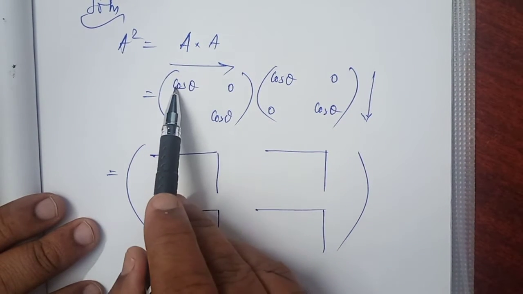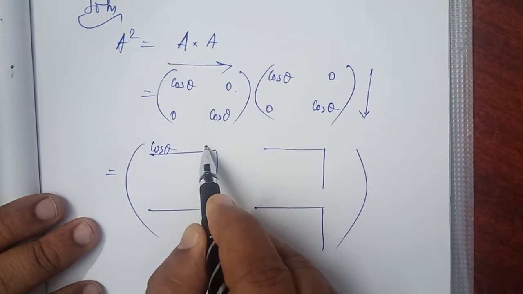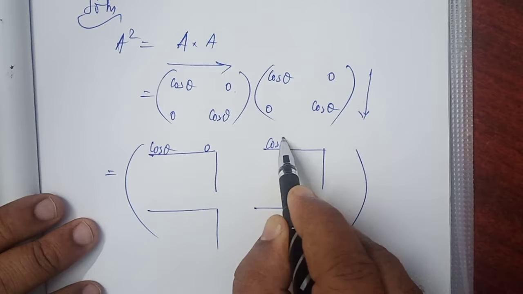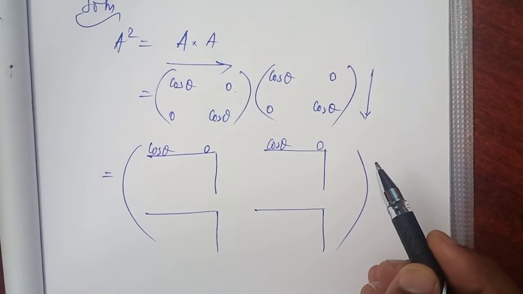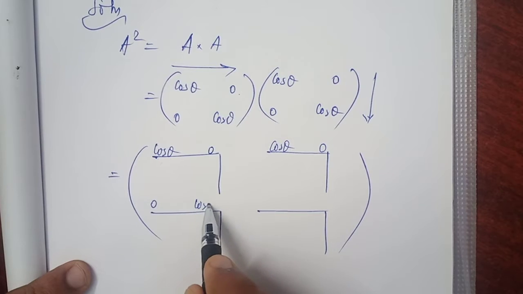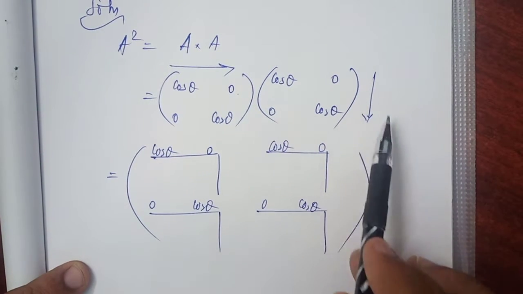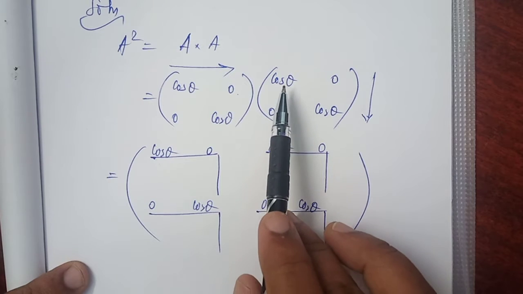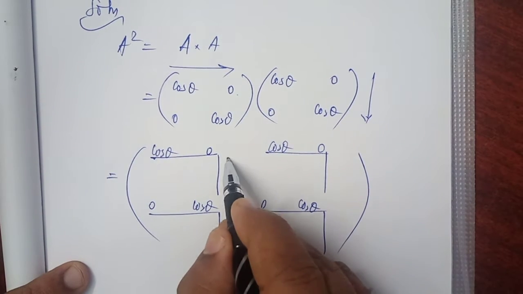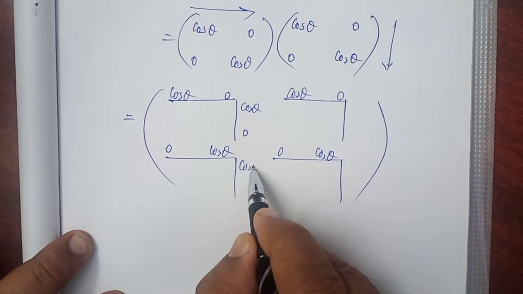In the first row we have cos theta and 0, cos theta and 0. Second row we have 0 and cos theta, 0 cos theta. In the second matrix we have to consider only the columns. First column cos theta and 0, here also cos theta and 0.